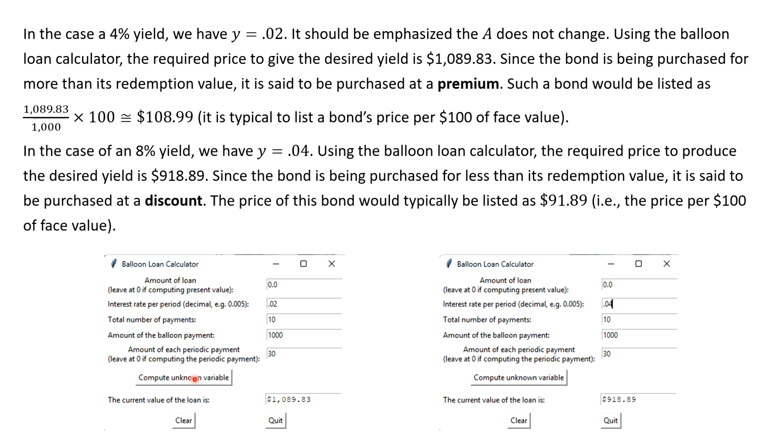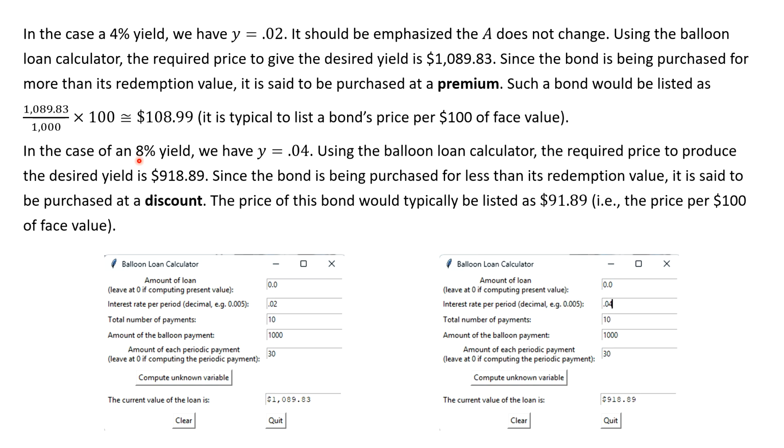We plug all that in to compute the purchase price, and we get $1,089.83. I made a note here that bonds are typically listed per $100 of face value, so it would be advertised as this amount here.